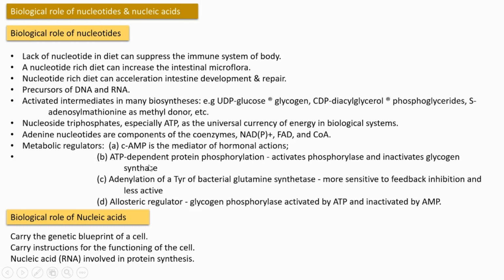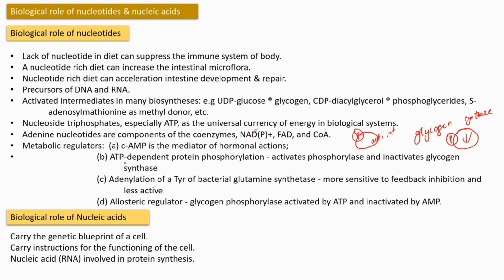Next one, ATP-dependent protein phosphorylation. It means certain enzymes, if they are phosphorylated, that means if a phosphate group is added to that enzyme, become activated. But in the case of glycogen synthase, this is another enzyme, if a phosphate group is added to it, it is inactivated.